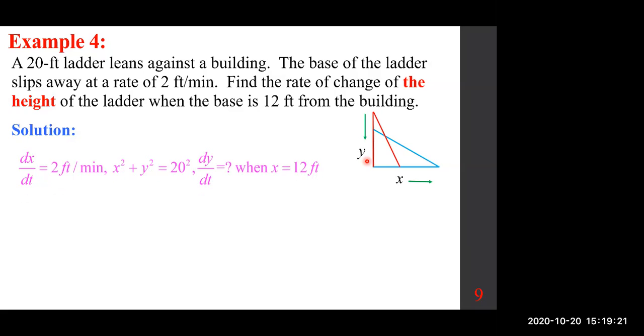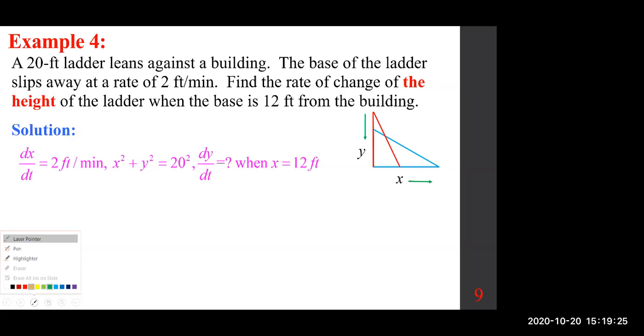So, in other words, we are using a squared plus b squared equals c squared. Okay, class? Now, this is pretty straightforward. All you have to do is differentiate everything with respect to time.